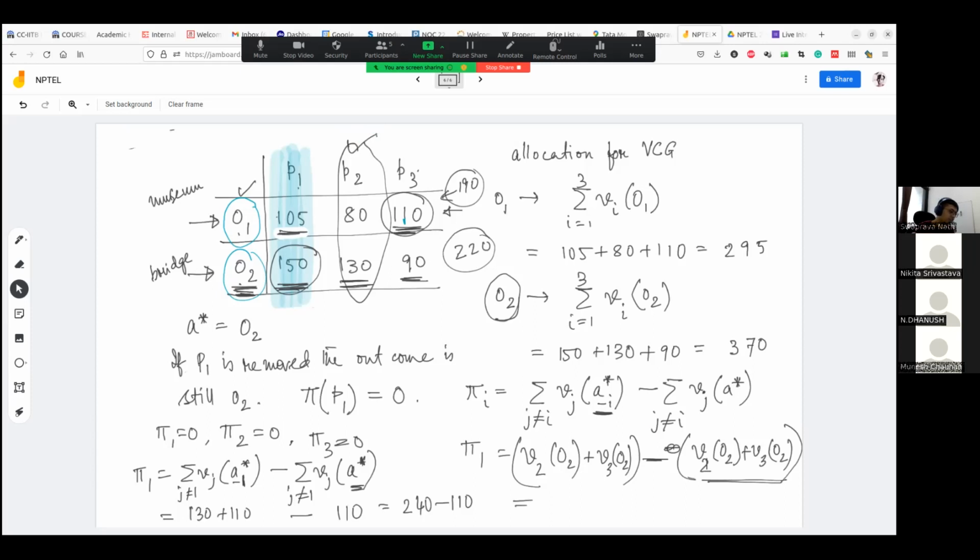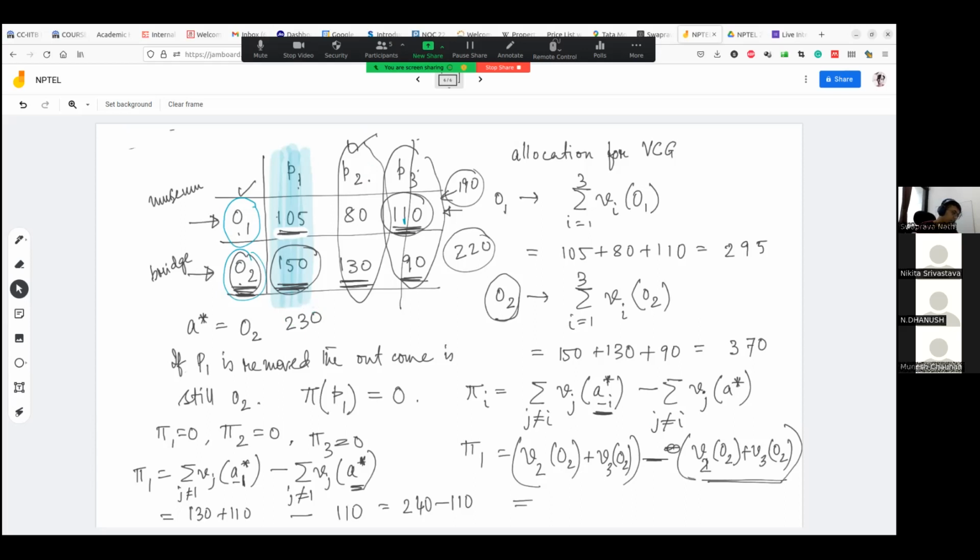If you remove player 3, then the allocation will be 150 and 80, that is 230, versus 235. You see there is an interesting change happening. When you remove player 3, if you give O2 to player 1 and O1 to player 2, you get 230, so 150 plus 80.